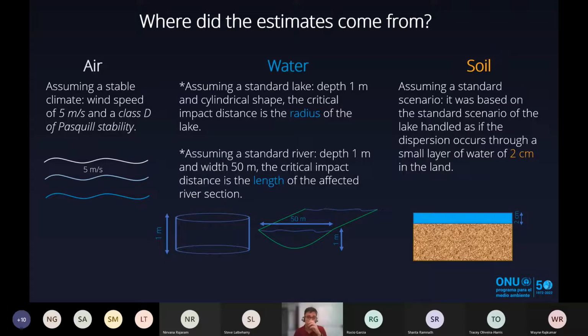But all of this also depends on temperature, densities, and climate conditions that you also need to take into consideration and include in your analysis. And finally, the assumption for the soil was a standard scenario based on the base scenario of the lake, but assuming that the dispersion would occur through a small layer of water of 2 centimeters on the land.